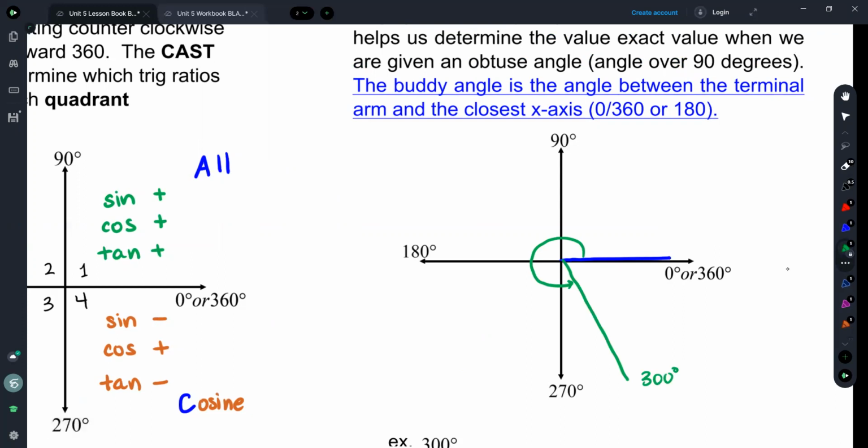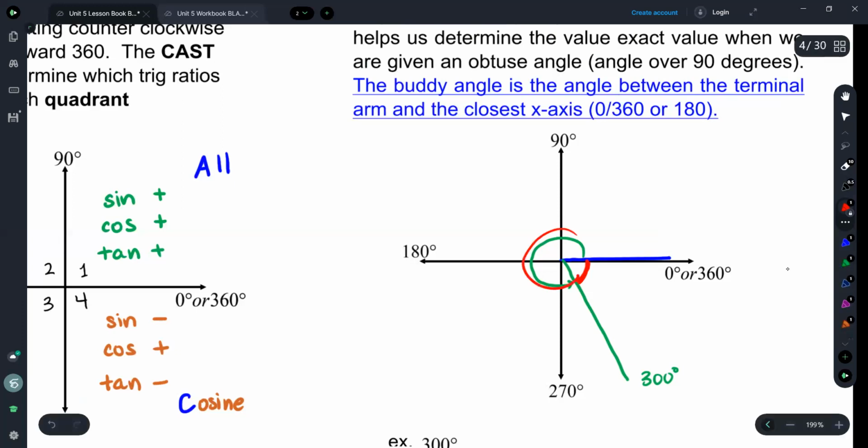Now, because this is an angle over 90, we need a buddy angle, and the buddy angle will be between my terminal arm and the closest horizontal. Is the closest horizontal 180 or the 0-360 line? It's literally going to be this little remaining slice inside here. How could I figure out what that angle measurement is?